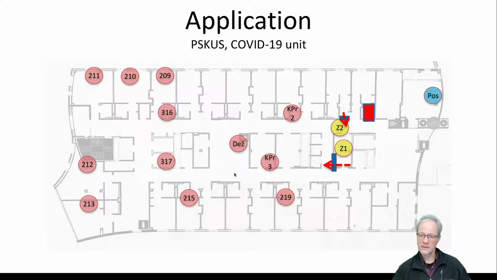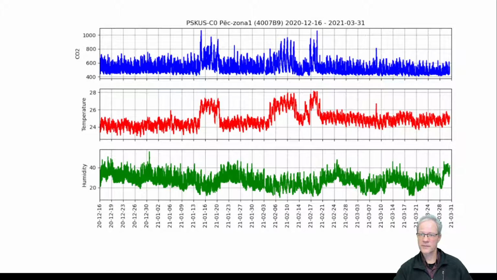That's pretty important because even in the hospital, there were cases of infection of medical personnel. So it's good to make sure that the environment is safe, not just for the patients, but also for the medical personnel, for the clinicians.